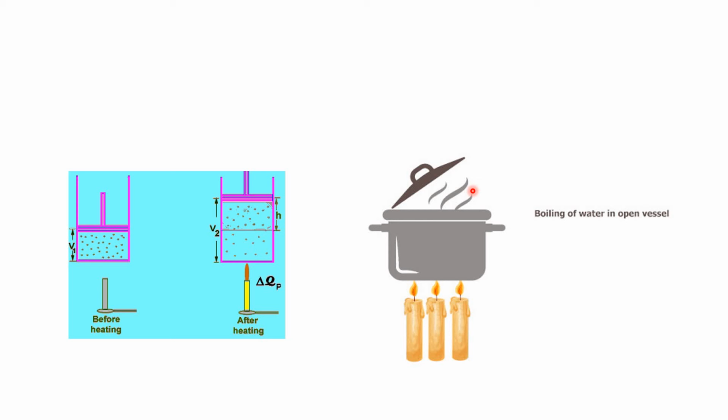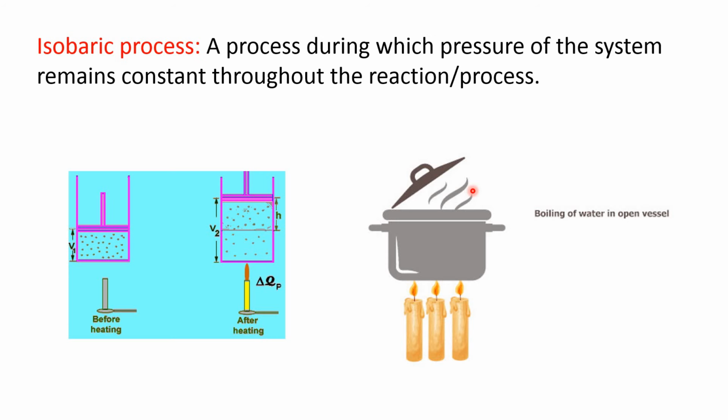Here external pressure is the constant atmospheric pressure. So what is an isobaric process? A process during which the pressure of the system remains constant throughout. Therefore, for an isobaric process, there is no change in pressure. So delta P is equal to 0.